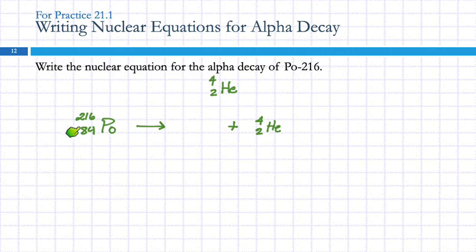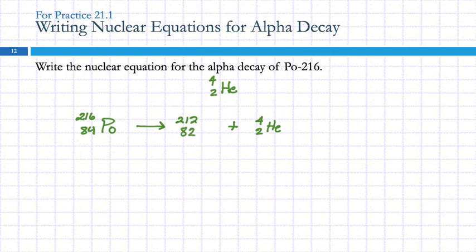Over here, I have 216 in the superscripts, the mass numbers. Over here, I've got something, I don't know what this is, and I have 4. So I'm asking myself, what plus 4 equals 216? 212. So this is going to be 212. And then on the bottom, total of 84, what plus 2 equals 84? 82.